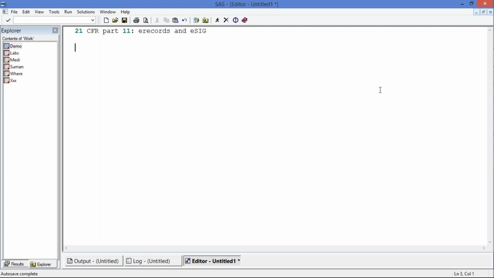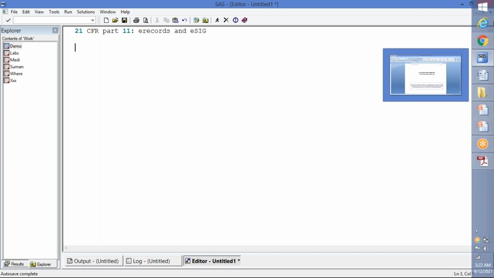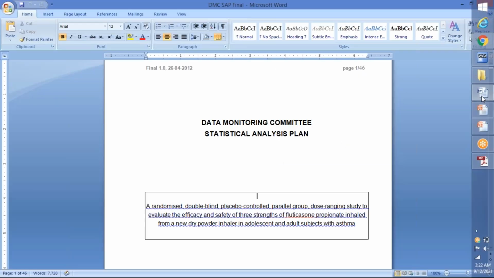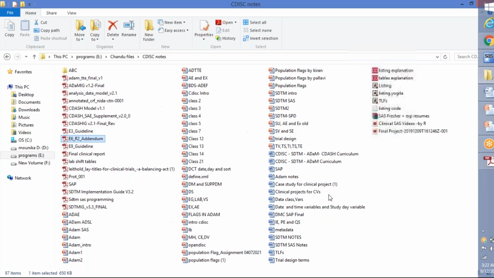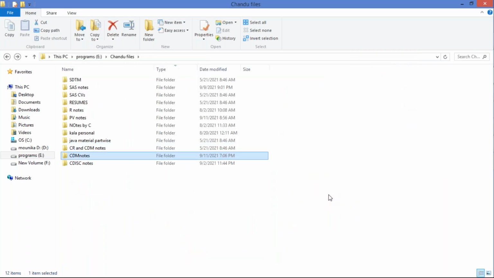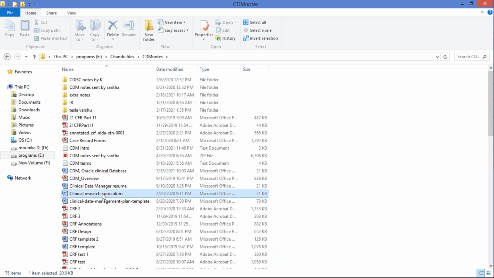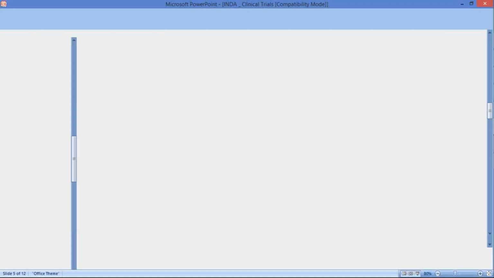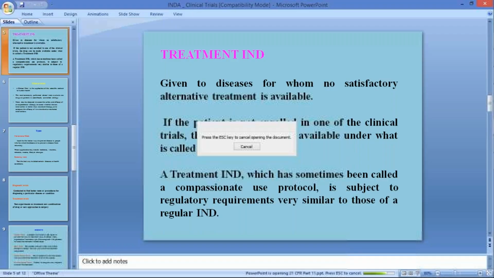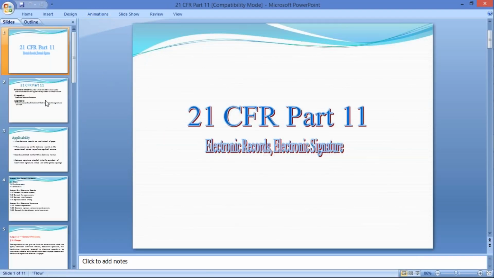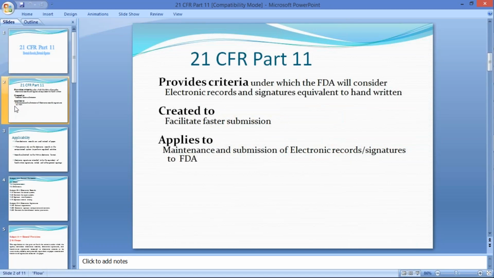Okay, so we have three subparts here: subpart A, subpart B, subpart C. So this is 21 CFR Part 11, electronic records and signatures. This is important.